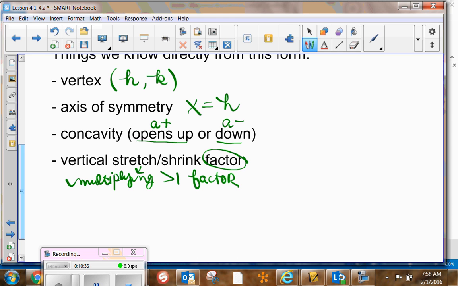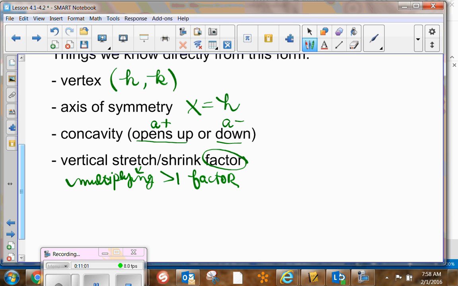And if it's shrinking, is your graph getting fatter or skinnier? Your shrink's getting fatter. Wait, what did I just do? I think I just did that backwards. Because when it's getting skinnier, yeah, you're multiplying by a big factor.